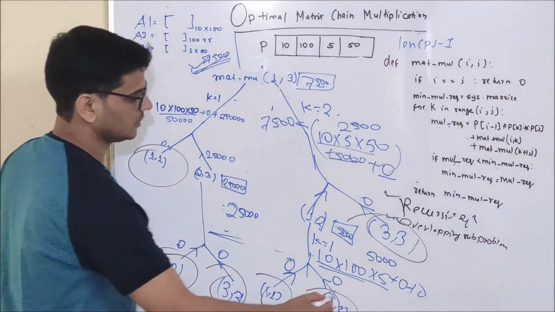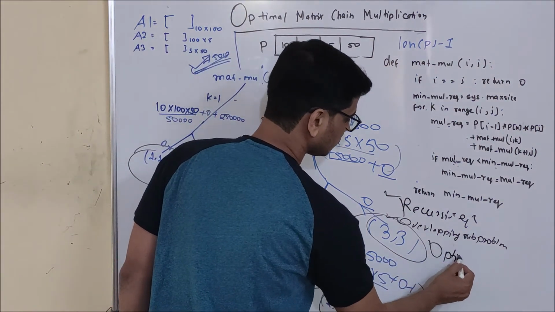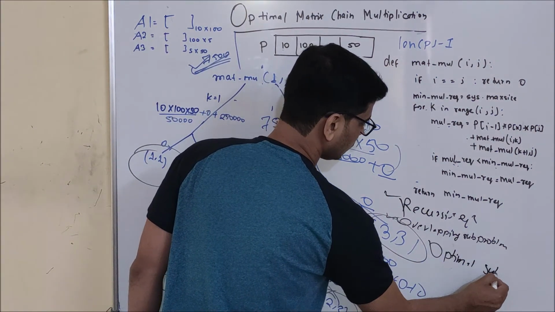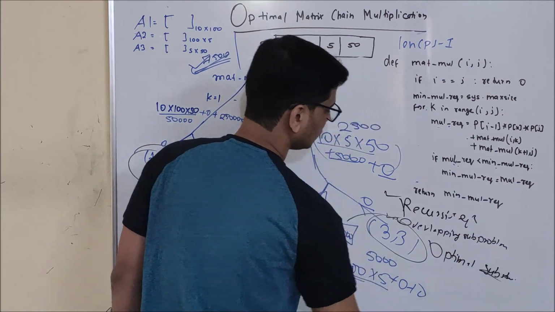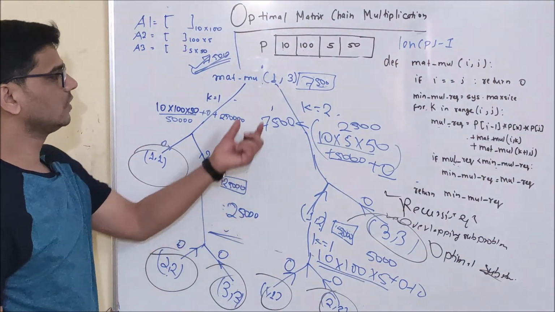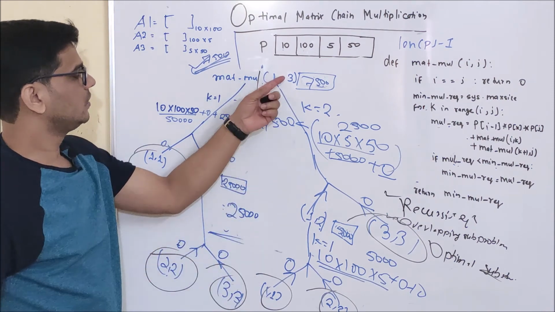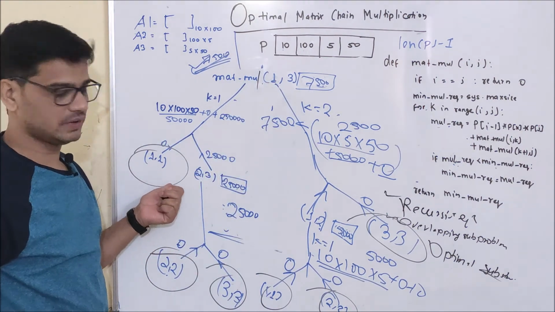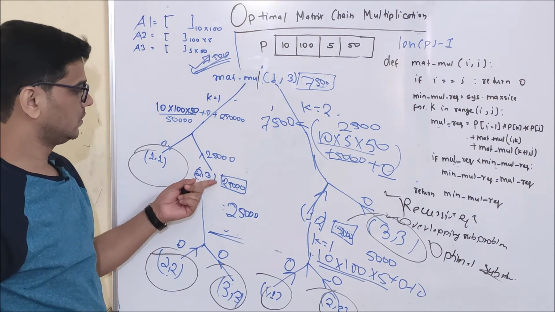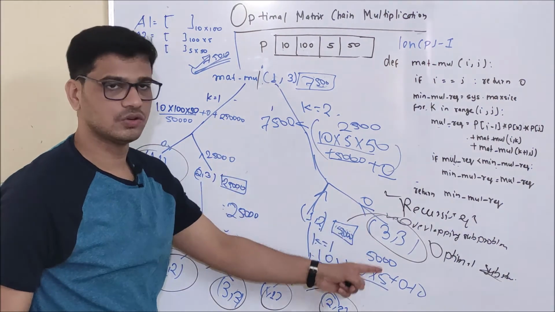Now let's check the third condition, optimal substructure. So see, what is matmul 1, 3 doing? It is making function calls to 1, 1, 2, 3, then 1, 2 and 3, 3.